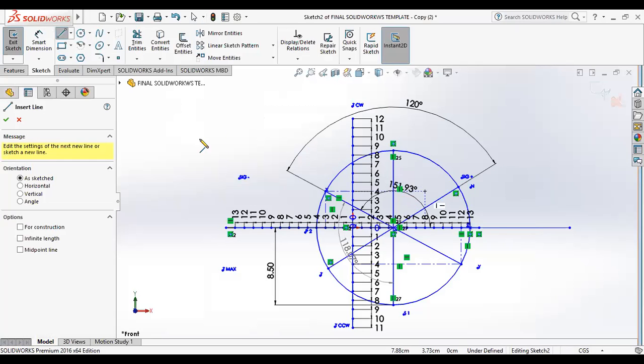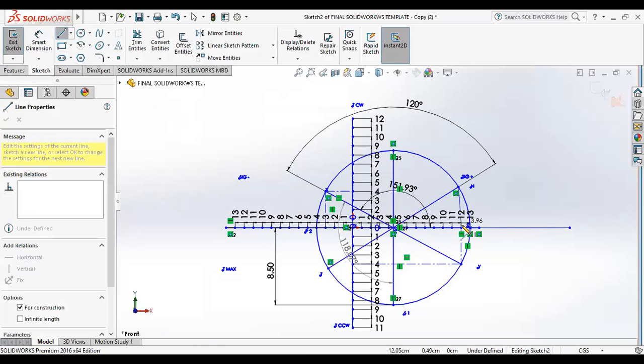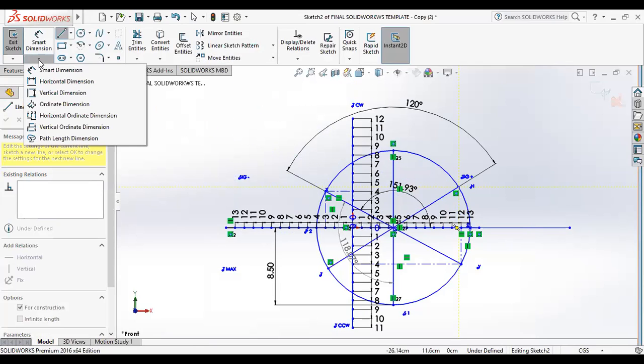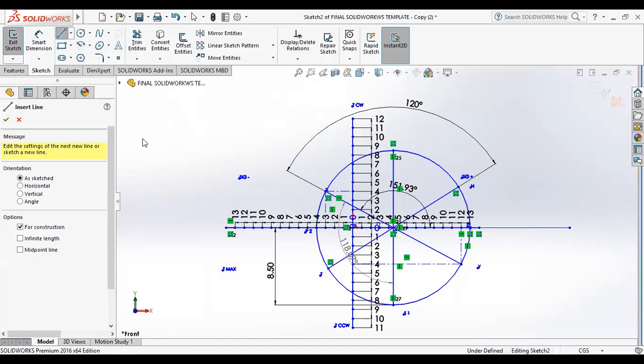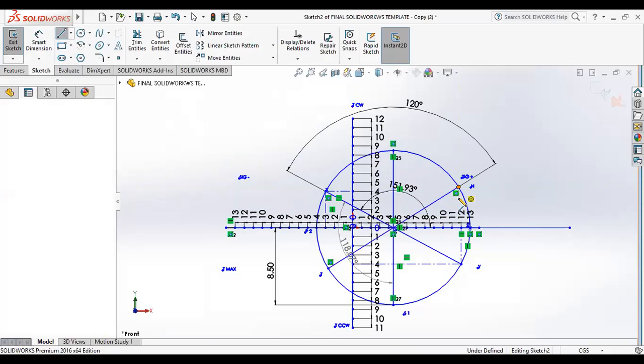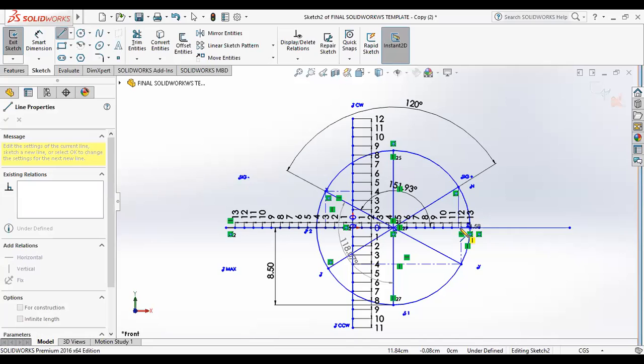Try vertical line. I have the option here, vertical line. I will draw a vertical center line from this point. Give me a moment. Draw vertical line from this point. Yes, this point to this point.